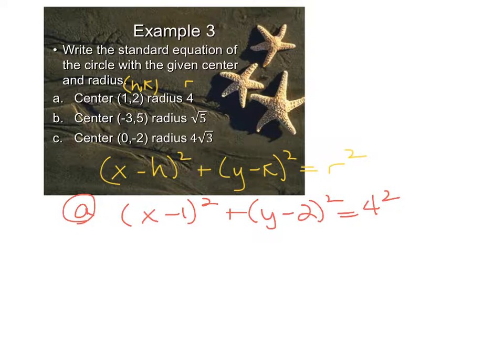So my standard equation for this circle is going to be x minus 1 squared plus y minus 2 squared equals 16. Notice when you put in the center points, that subtraction sign is part of the formula. So basically you're putting them in and making them look like they're opposite signs.